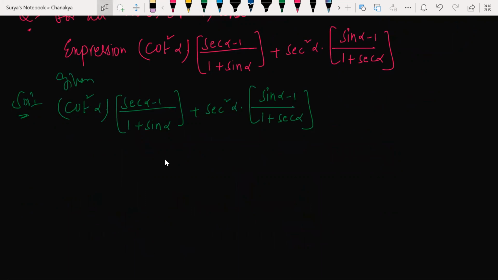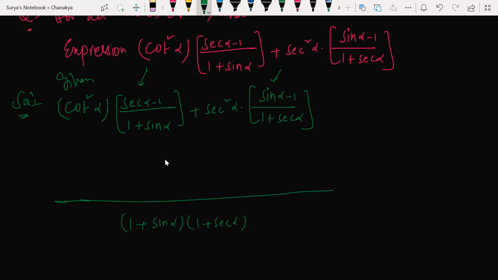Given this, now what I'm doing here is, what is the LCM from this expression and this expression? 1 plus sin alpha into 1 plus secant alpha.